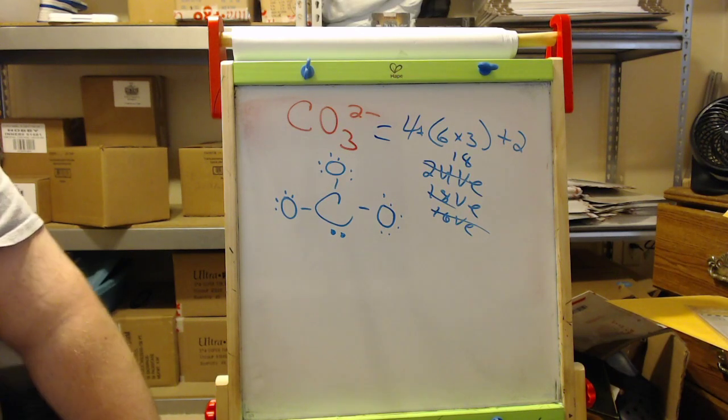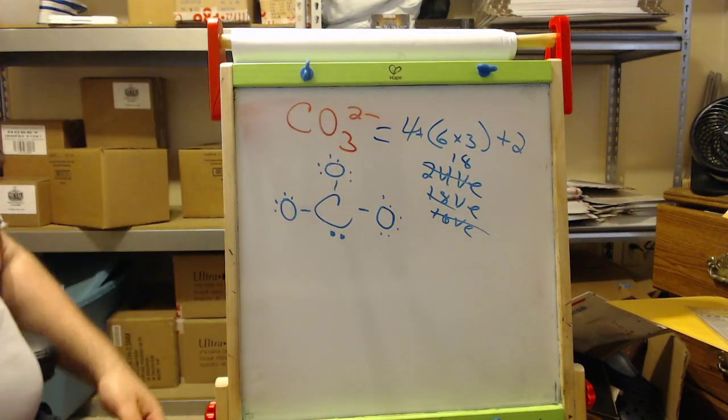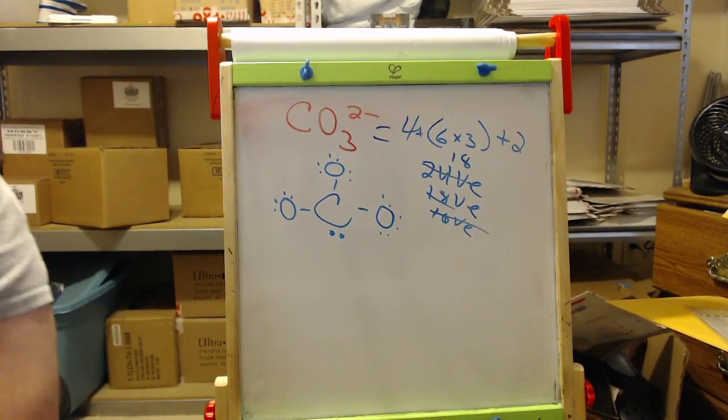And how do I add a double bond to one of the oxygens? I can't just draw one in. It's got to come from somewhere. So where's it coming from?